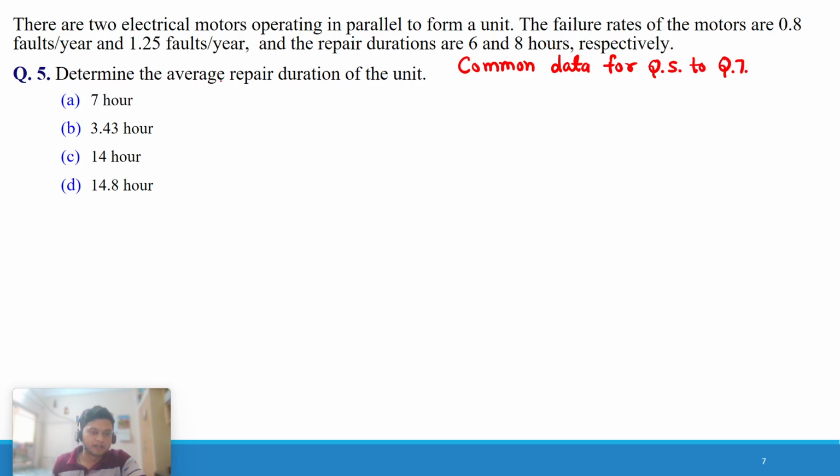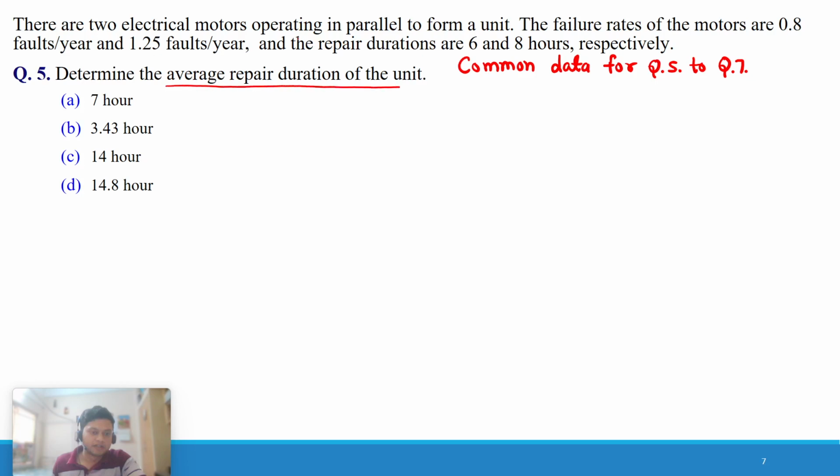It is given that there are two electrical motors operating in parallel to form a unit, and the failure rates of the motors are 0.8 faults per year and 1.25 faults per year, and the repair durations are 6 and 8 hours respectively. In question 5, you have to find out the average repair duration of the unit.